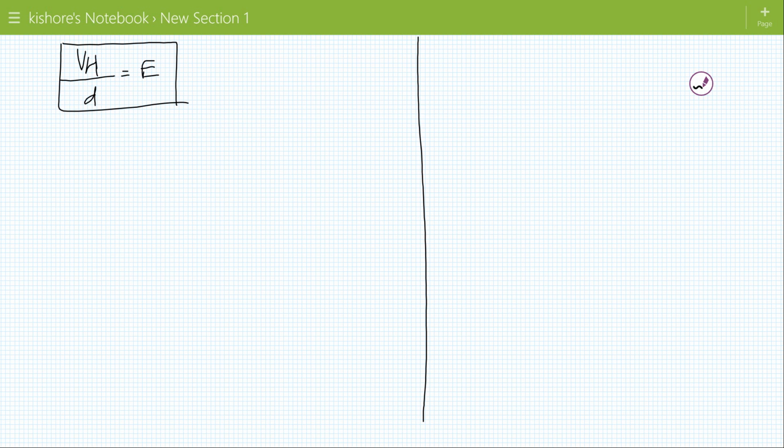This will give the expression for the induced electric field. We have another expression of the induced electric field, that is, if I write the magnitude only, it is B into V. B is the magnetic flux density, and V is the drift velocity of electrons or holes.